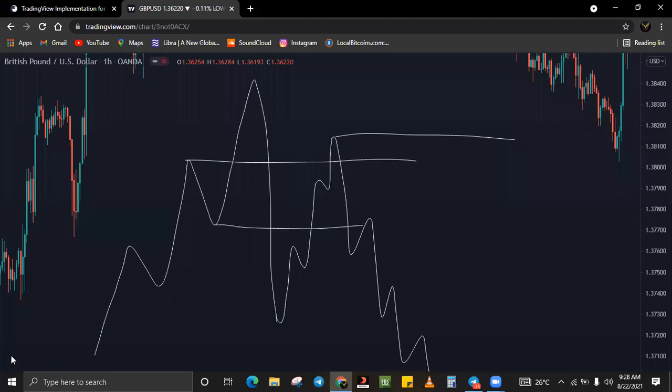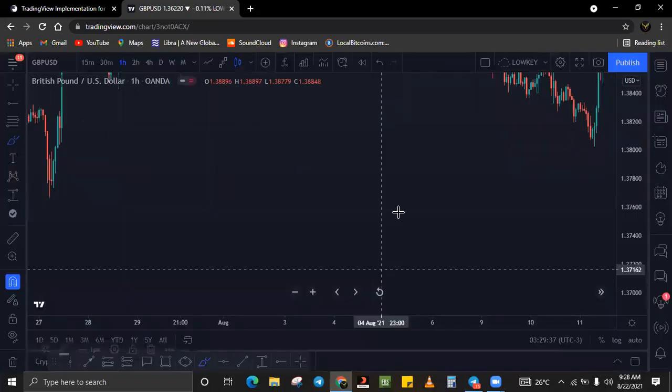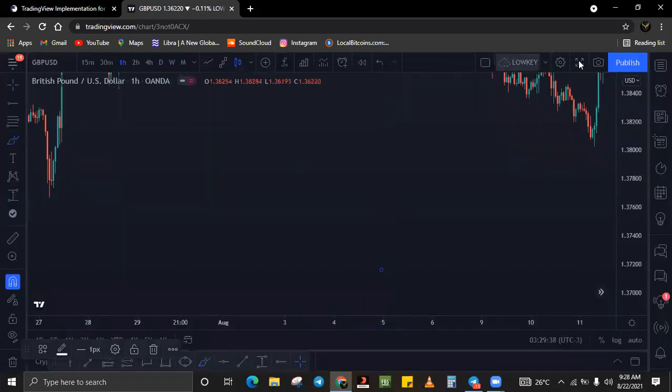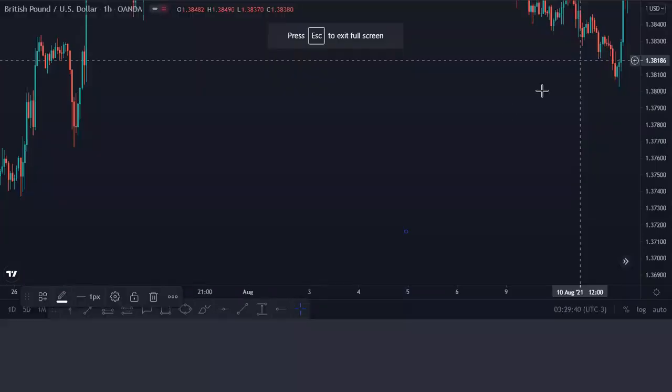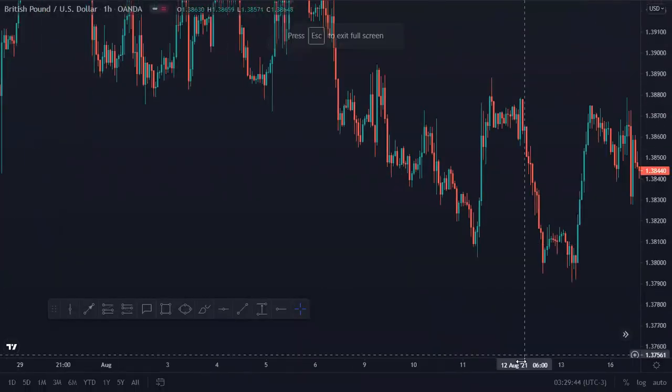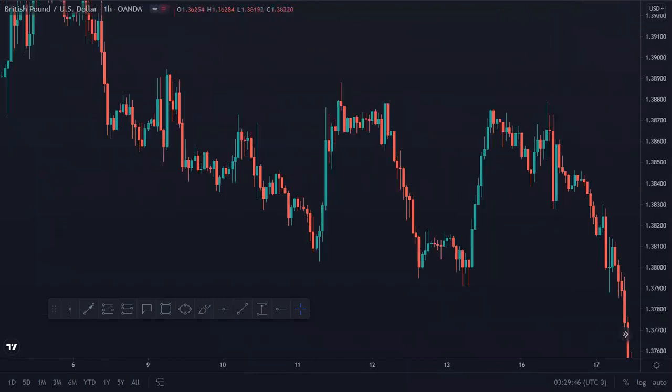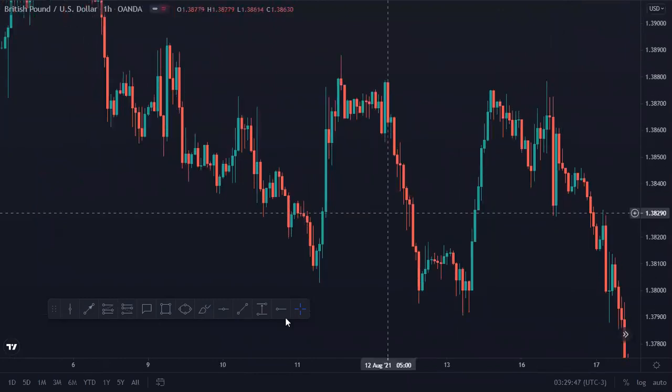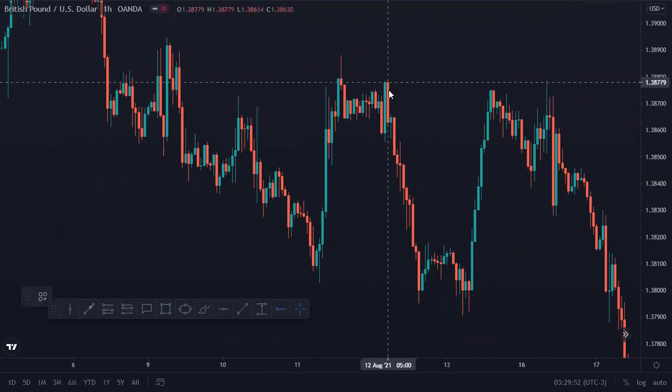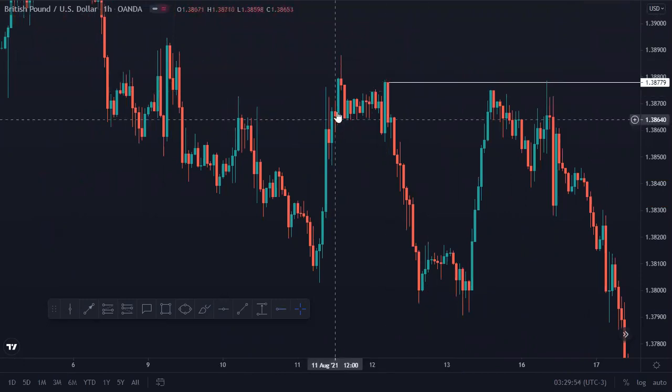Yeah. So let's try to look for more examples right here. Price broke our structure, our invalidation structure, right here.